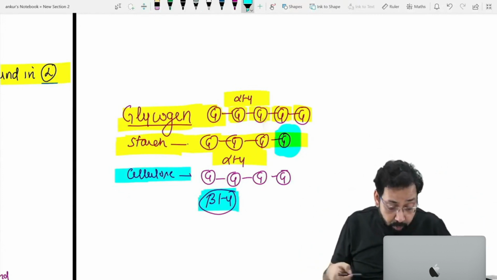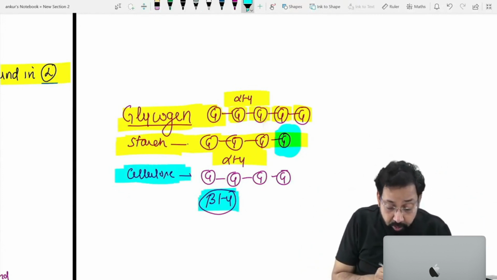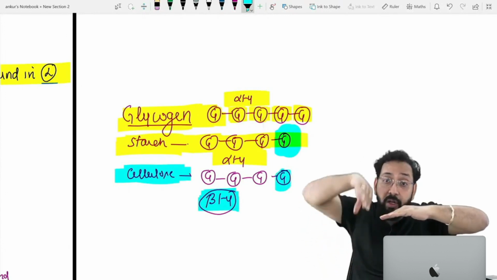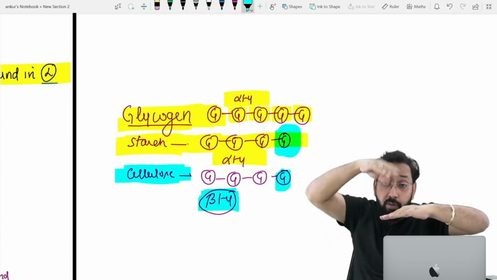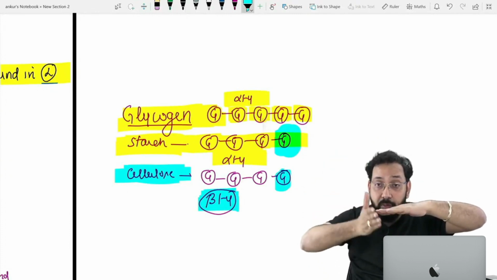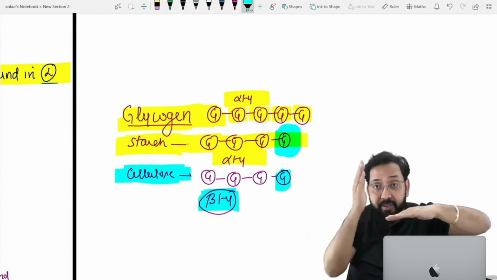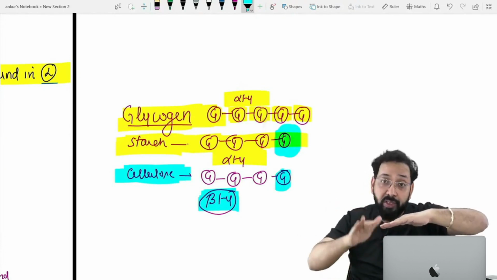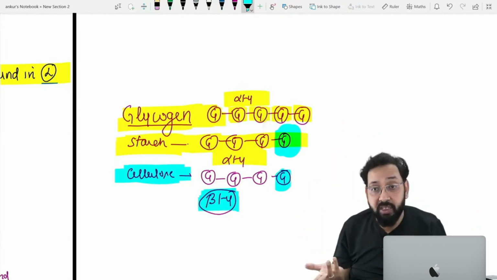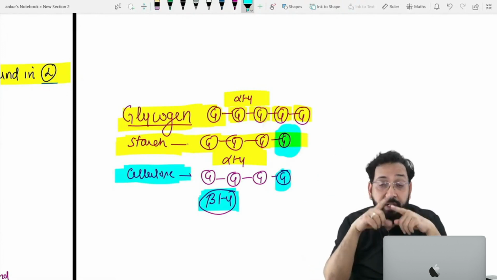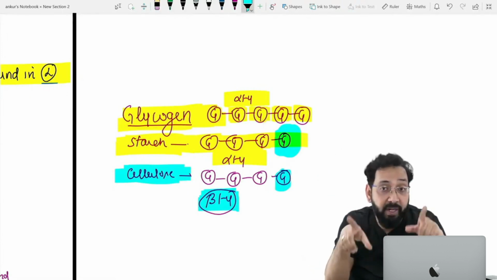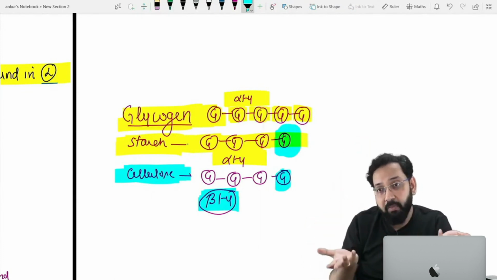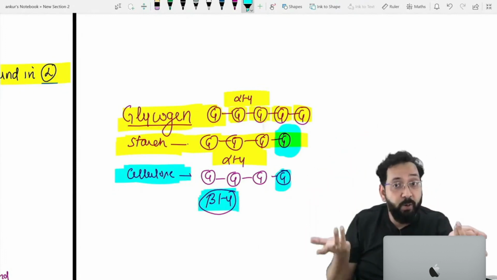But if you talk about cellulose and you take glucose, in this glucose OH is above the plane. Means OH orientation changes. If OH is below the plane, it is utilized in our body. Cellulose, OH is above the plane, not metabolized. So that's why we say alpha beta anomerism is important. If OH is below the plane, metabolized. OH is above the plane, not metabolized.